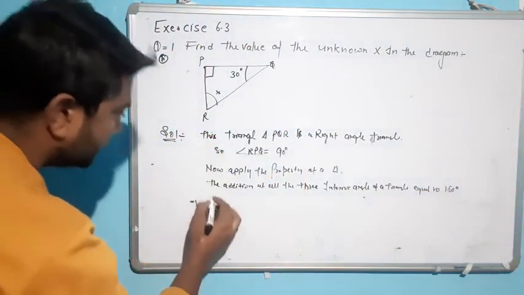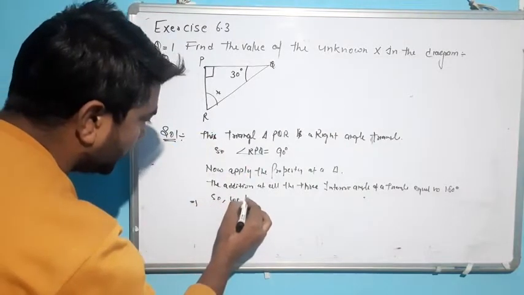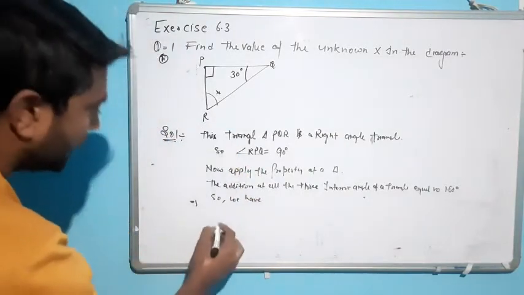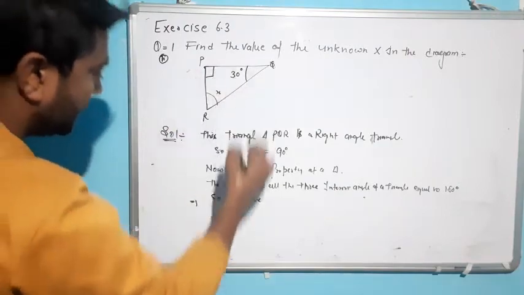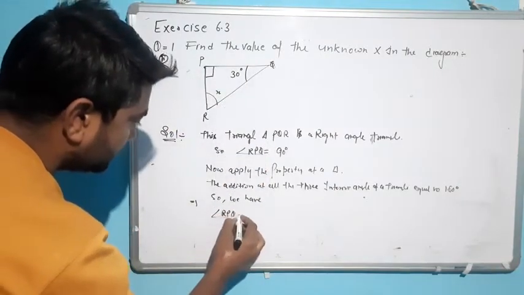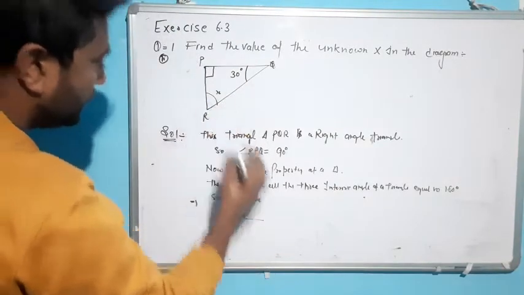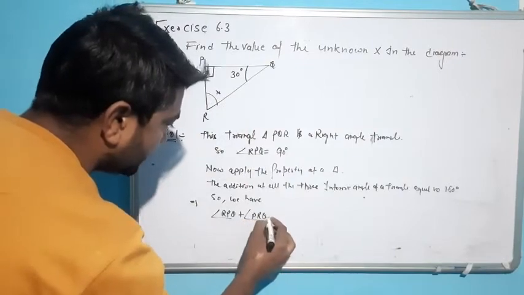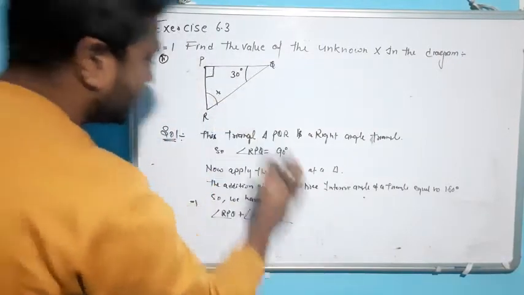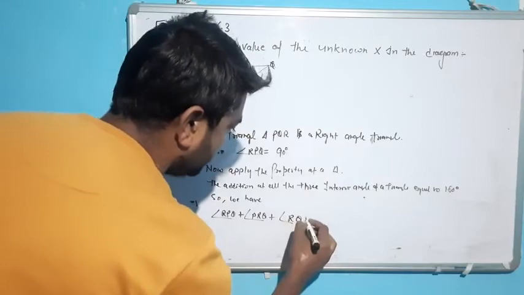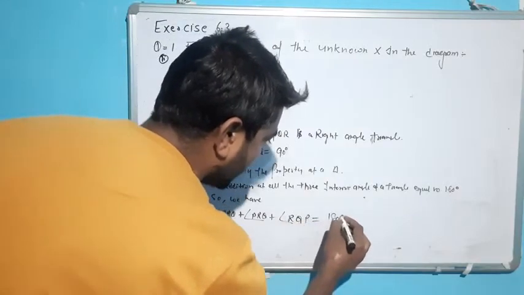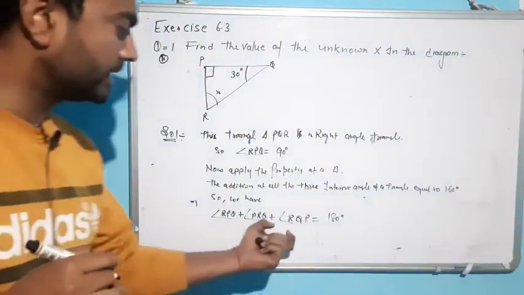So we have angle RPQ plus angle PRQ plus angle RQP equals to 180 degree. Now all the values are given here.